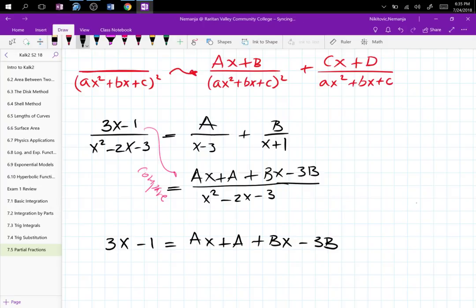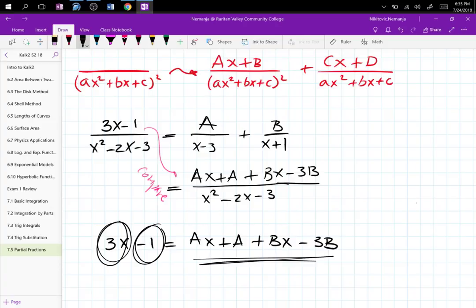Observe that I'm not worrying about denominators because denominators are the same. If these two fractions are to be the same, their numerators must be the same. Denominators are already the same, so we don't have to worry about denominators ever. It's just that the numerators have to be equal. Now observe what you have. On the left-hand side, you have a pile of x's and a pile of numbers. So arrange your right-hand side in that fashion.